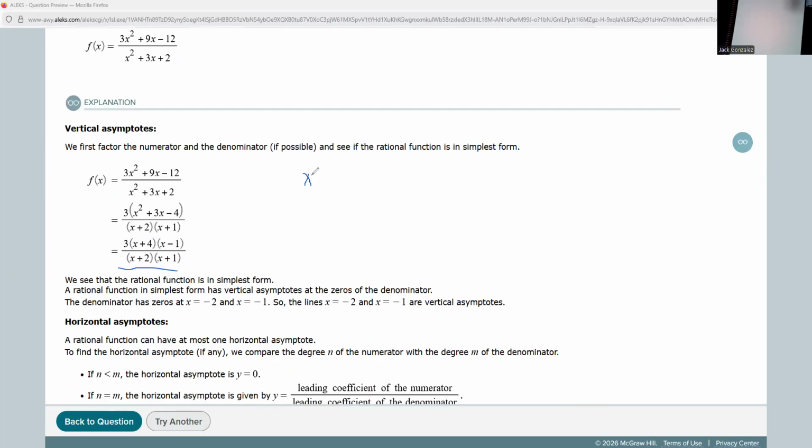You have x plus 2, once you get there, x plus 1. Solve for zero for x on each one. You're going to get x plus 2, just like we've done before.